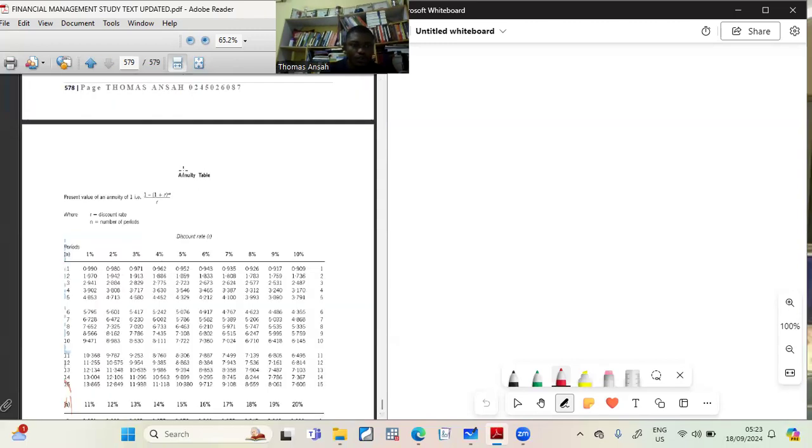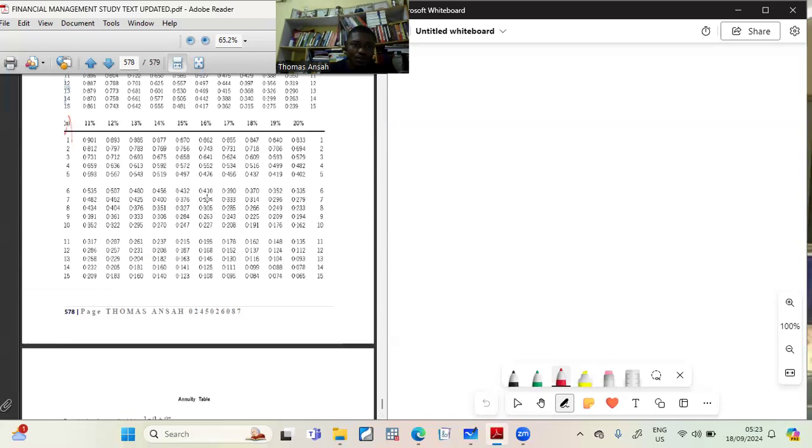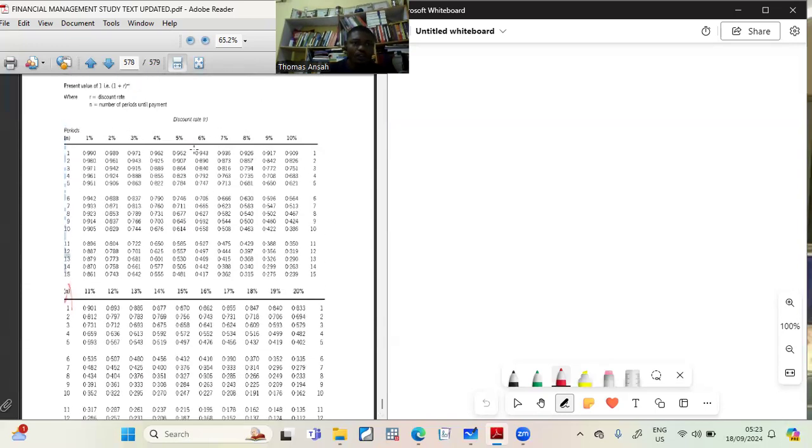First of all, we are using our discounting factor PV, but this one is the annuity table. This is our present value table. How do you know it's your present value table?